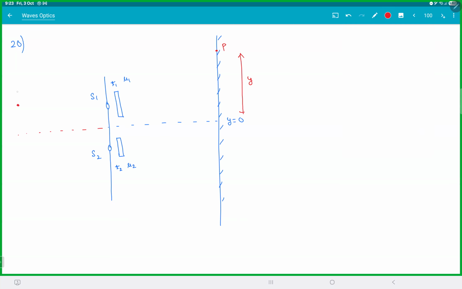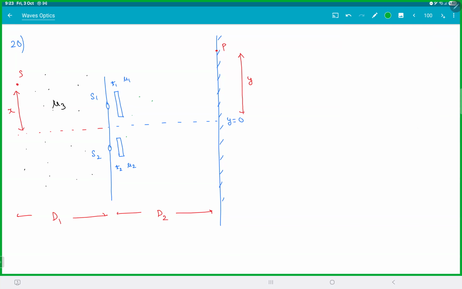The source is not in the center. Remember this question? This is D1. This is D2. This region on the left-hand side is filled with mu3.